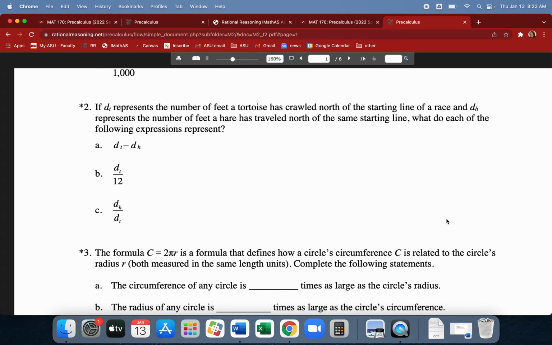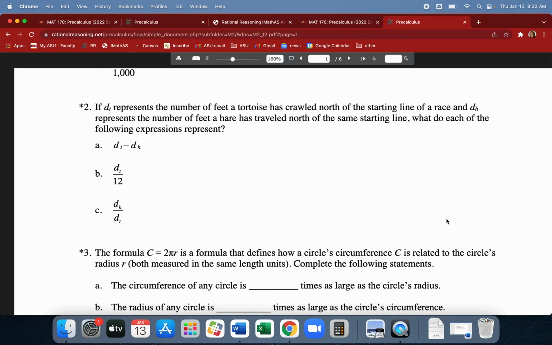So if we're talking about describing d sub t minus d sub h, it's not necessarily the distance between them, but relatively which one's farther from the starting line, where a positive result would mean that the tortoise is ahead. The first part of the subtraction is bigger than the second. A negative result would mean that the hare's ahead.